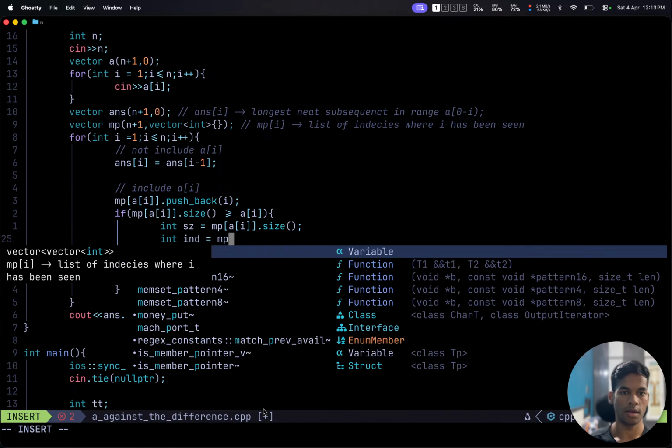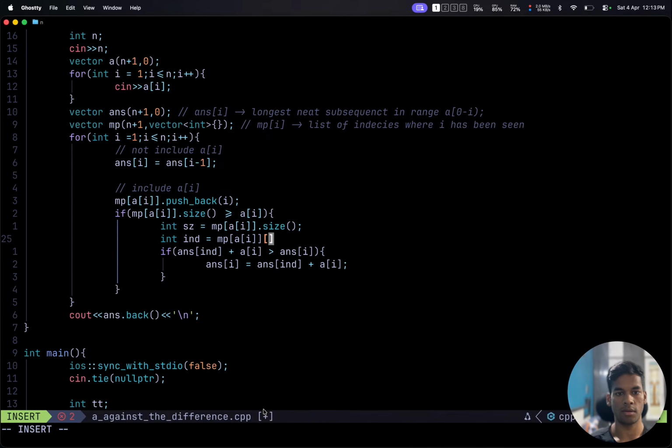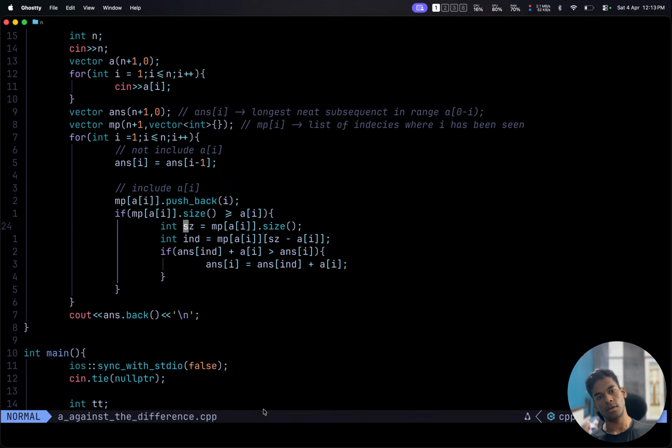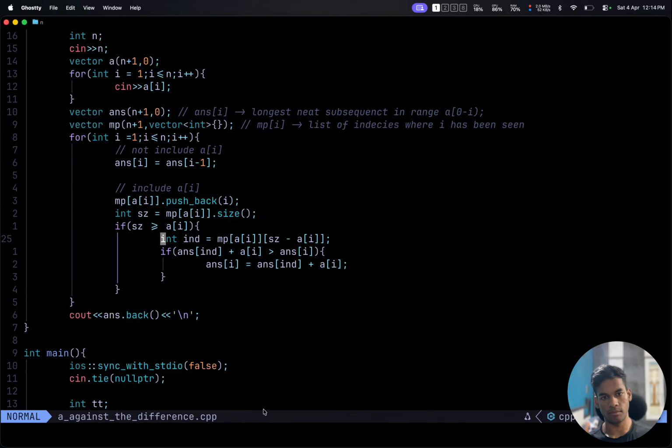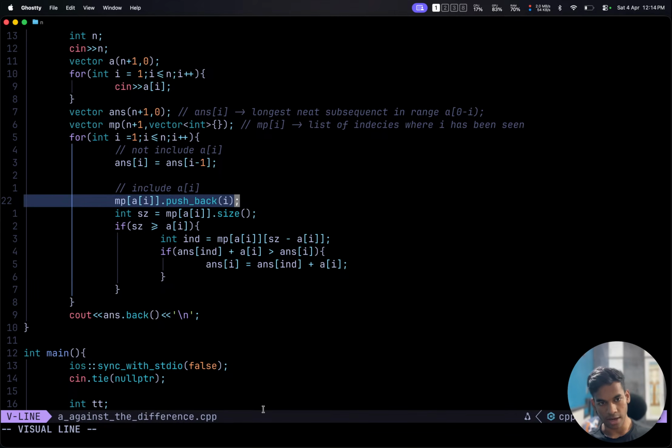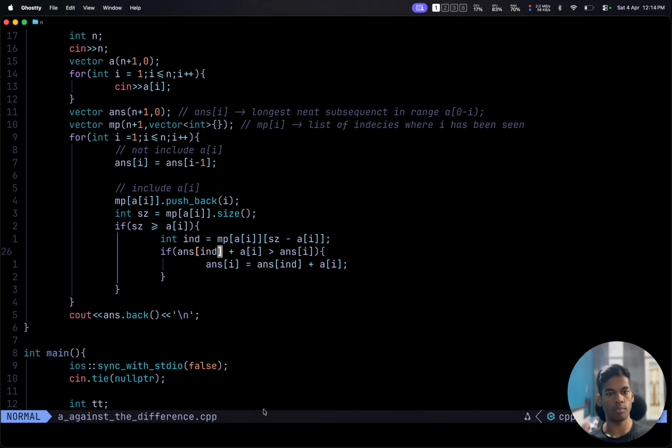And int ind mp a I bracket sz minus ai. This should be working when if ai is 1, if size is 1, then mpai is a vector of all the indices where we have seen 1, and size -1 in that case would give us the last element, and we do need the last element because that is what we put here, and we are going to include the last element in our final answer.